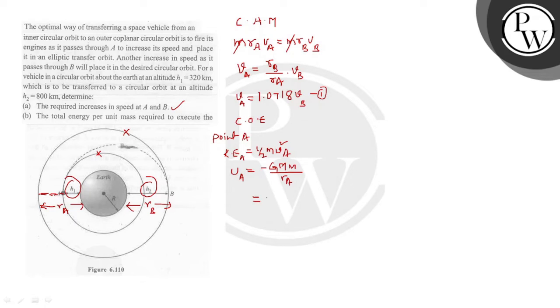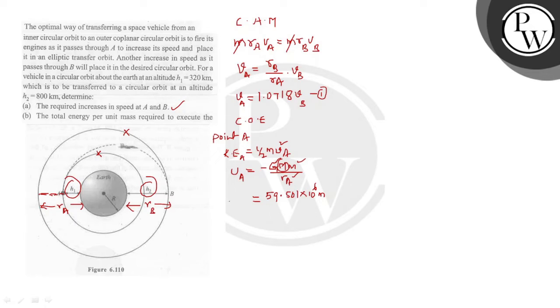If I substitute the values, UA is equal to 59.501 into 10 to the power of 6 meters. If you want, you can pause the video and find out this value. We know only capital M, G and RA, so we don't know the small m, and that's the reason it is small m.